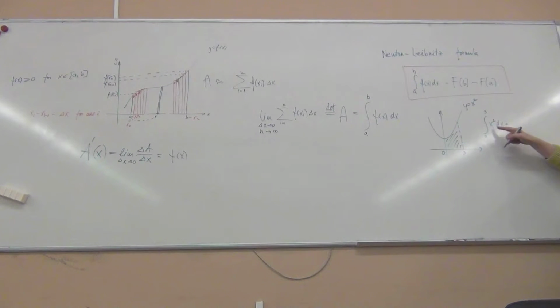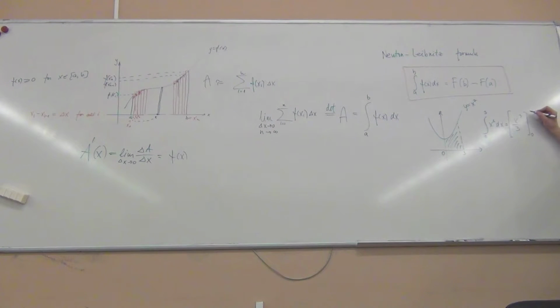So the primitive function of x squared is x cubed over 3. Then we put this expression, the primitive function, into square brackets. We still keep the boundaries of integration from 0 to 3, and now we simply put them in. We always put the upper boundary in first into the primitive function.